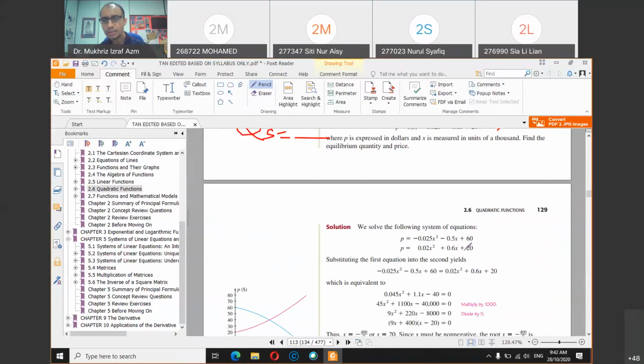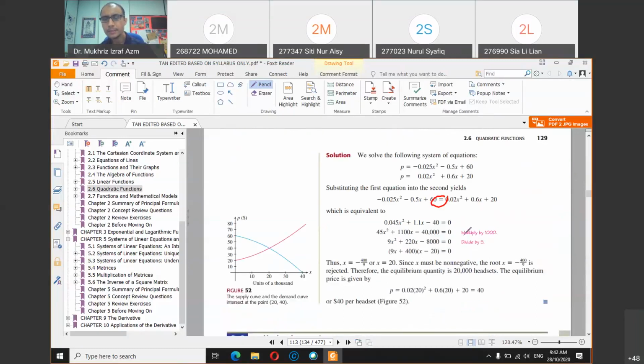You take both equations, put the equal sign, and then solve. Once you solve this, you need to factorize, correct? Of course, in economics you cannot take a negative number, so the value must be non-negative, or positive.